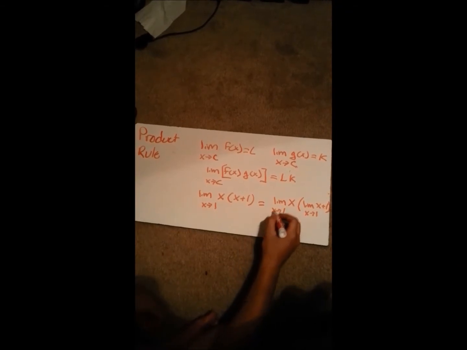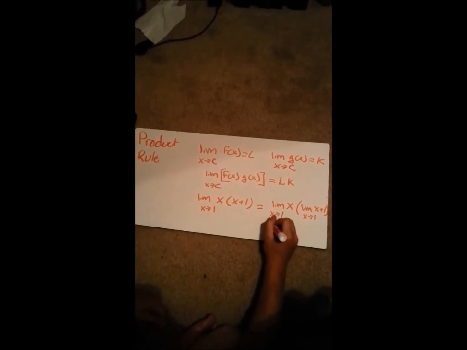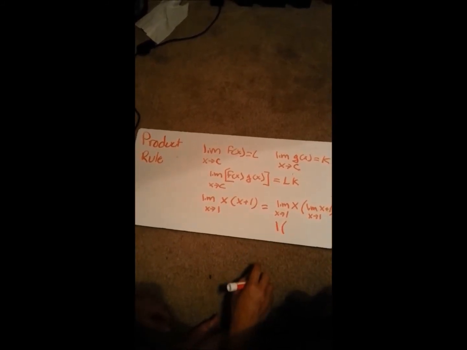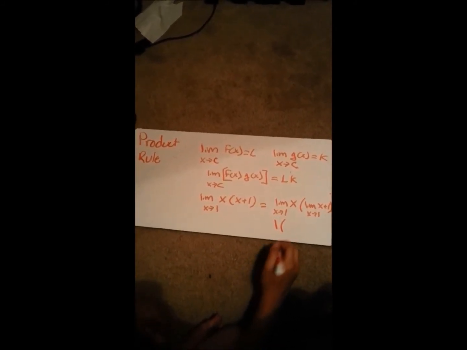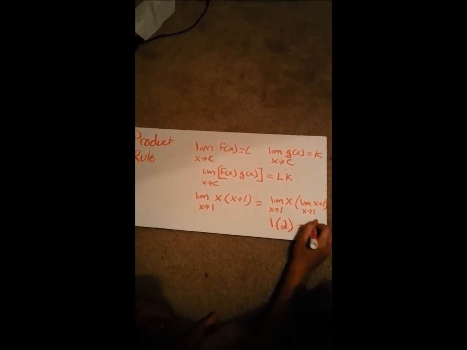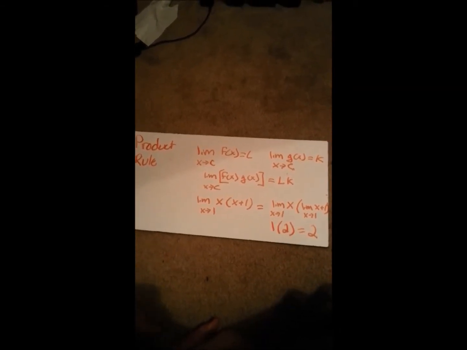So we direct substitute here and we get 1. And we multiply by this limit and we direct substitute in there, we get 2. And 1 times 2 is 2, and that is our answer.